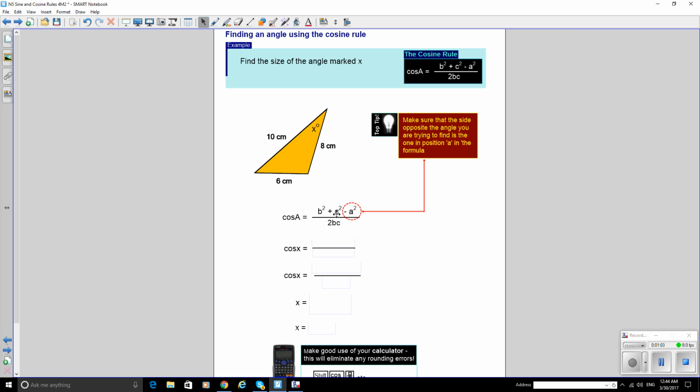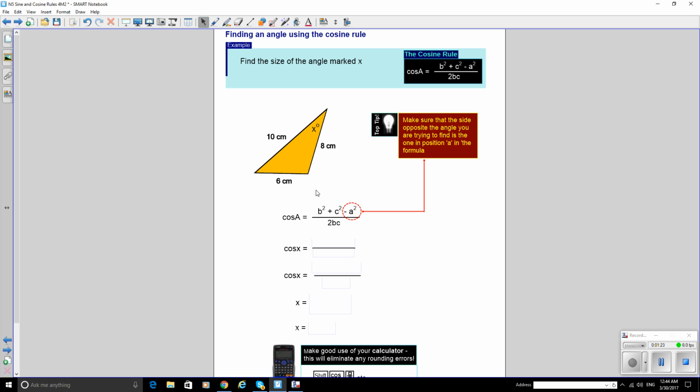In terms of the letters, again, don't get too hung up on what's B and what's C. The only important thing you need to remember is that the side that's opposite the angle you're trying to figure out, in this case the 6, needs to go in the position of the letter A, and that's the only thing you need to worry about.